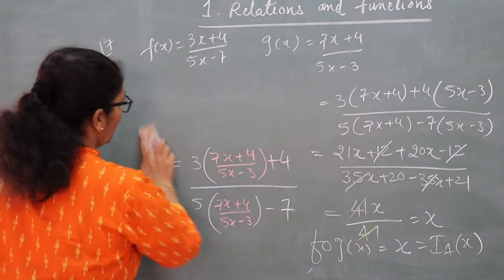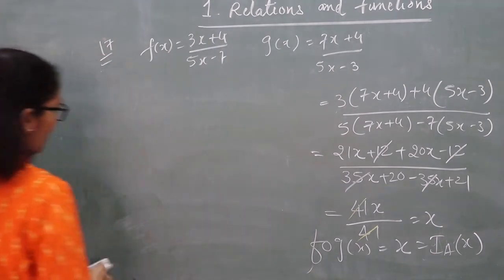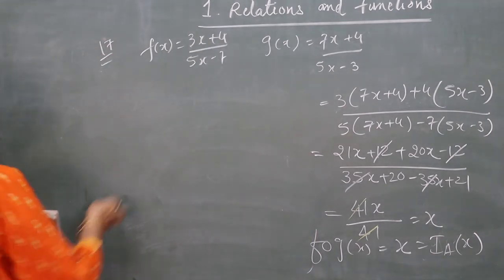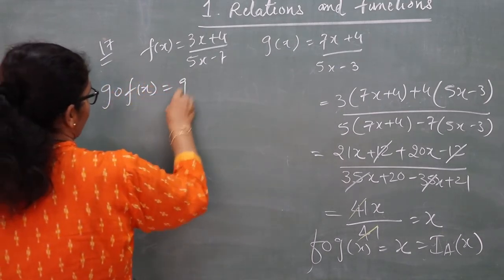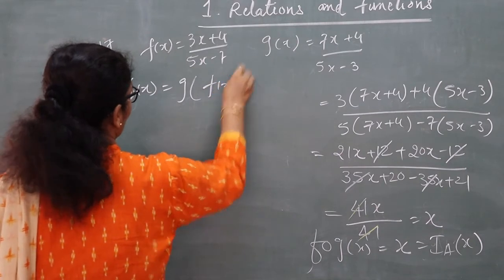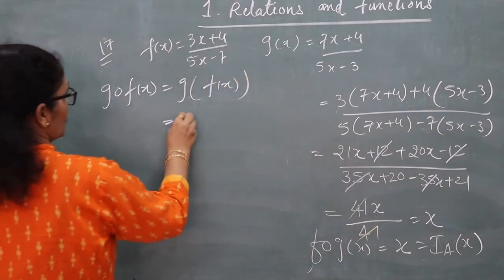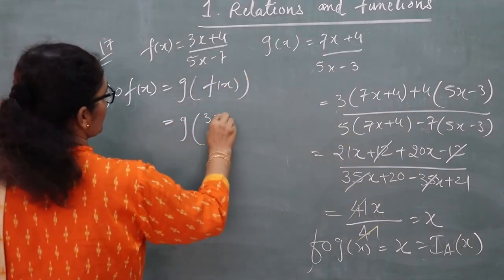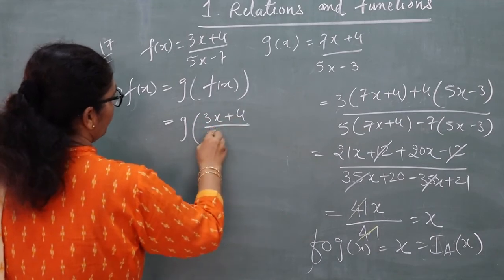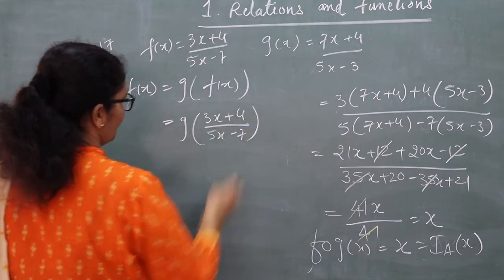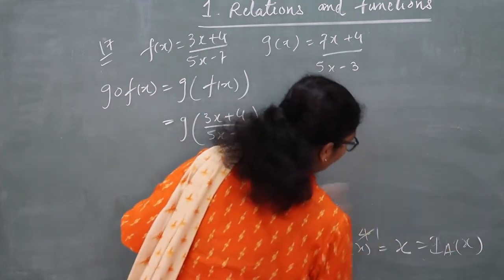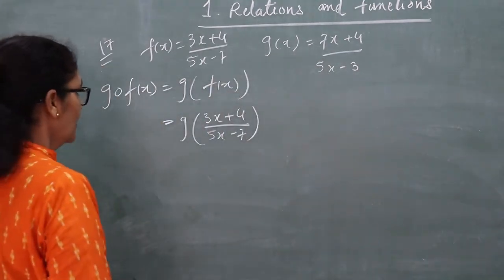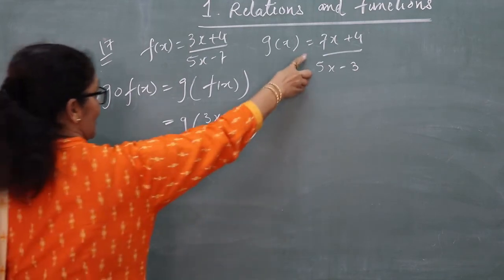Now g∘f. The same question, but now we have to find g∘f, meaning g(f(x)). Here you have to write f(x). So g of (3x + 4)/(5x - 7). Everything is the same as how we found f∘g. Now let's start in g(x).